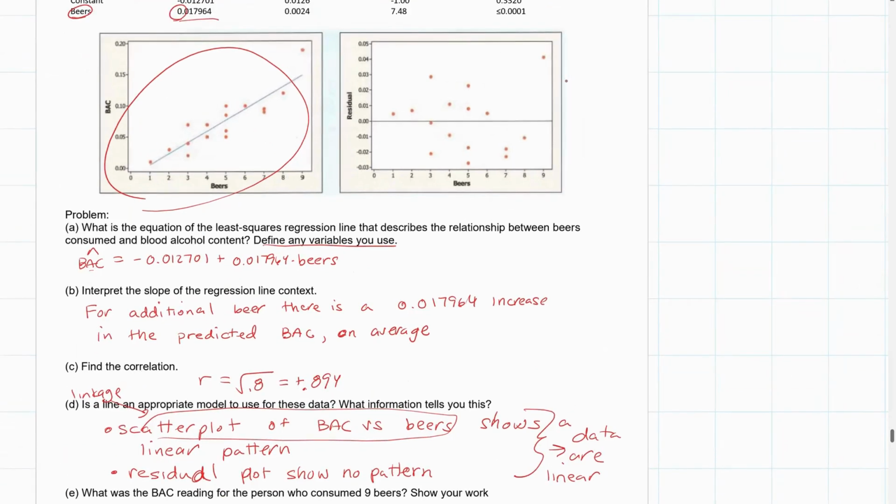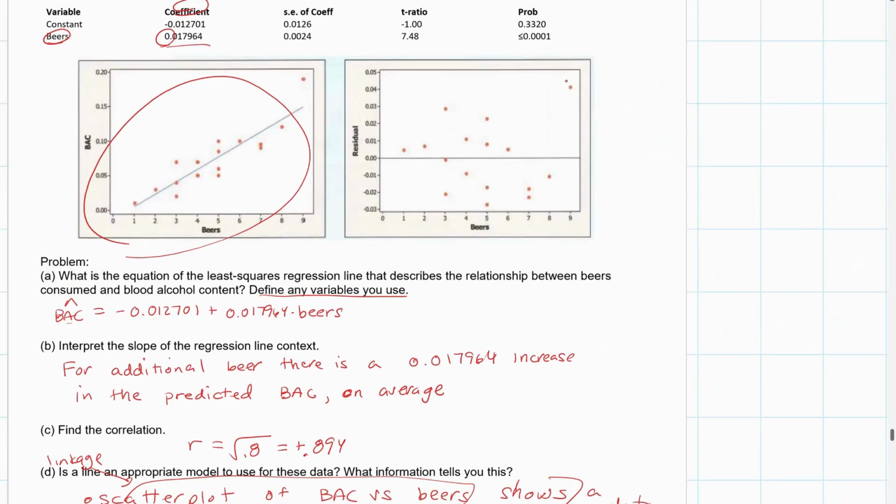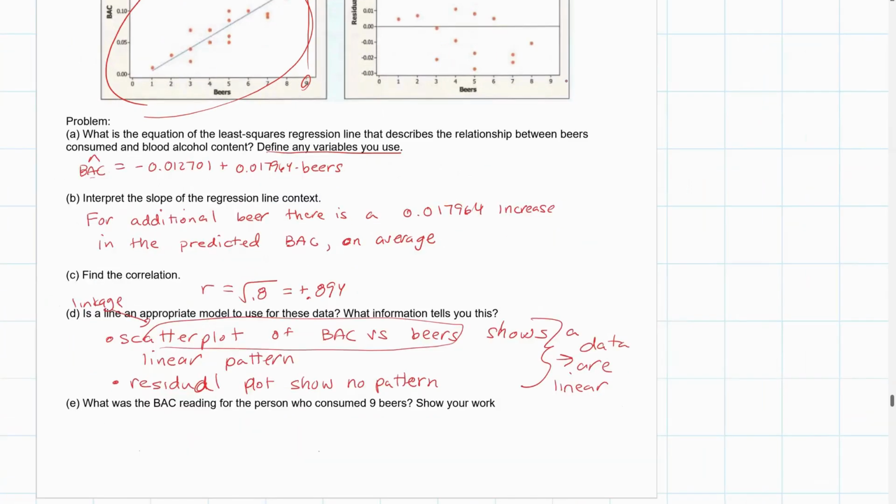Okay. What was the BAC reading for the person who consumed 9 beers? Well, let's see if we can figure that out. What do we see? BAC for someone who drank 9 beers looks like it's right about there. And I would guess that that is about 0.19.